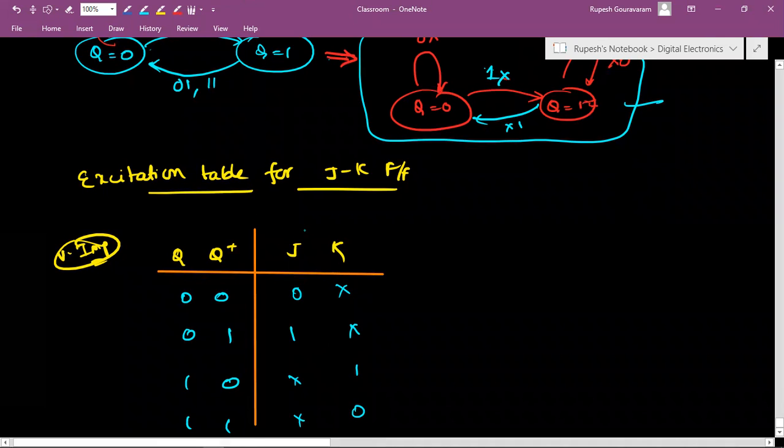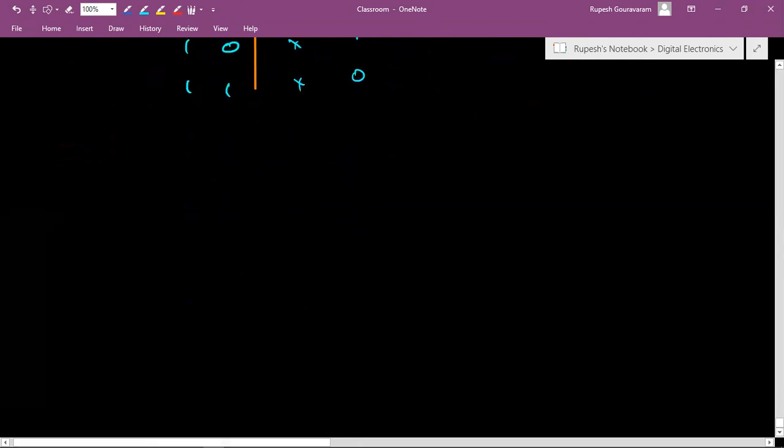Now, I will try to derive the present question. So the present question, we are going to do that now. Suppose in the question they have asked for x and y, the present state they have given, and the next state also they have given, and we have J and K flip-flops.